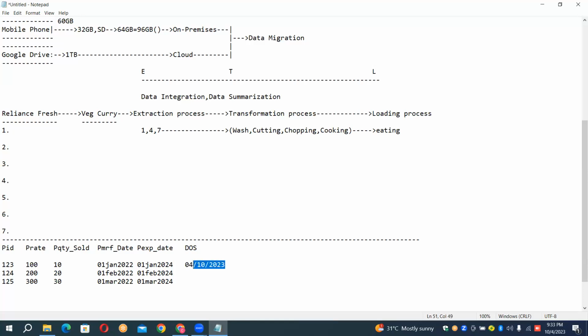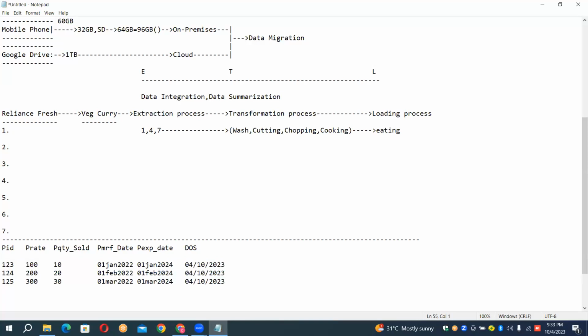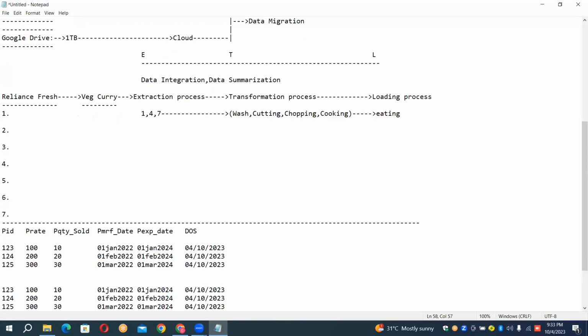Now the same date I'll use here, that means for all the products, this is the date of sales. Now, this is the data ready for the 4th day of October 2023. Now again, the data of the 3rd day of October is also there.